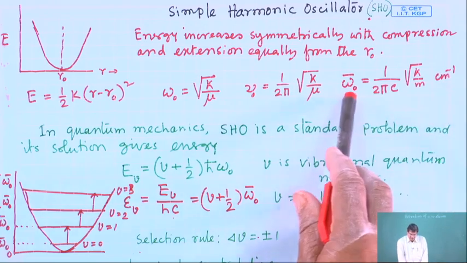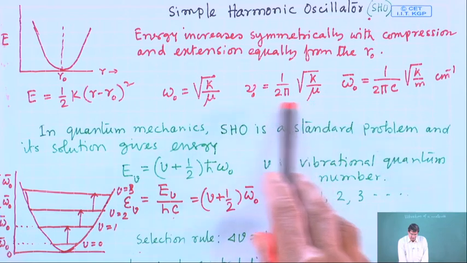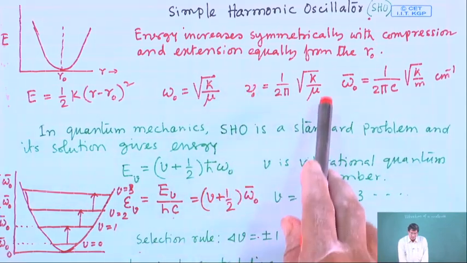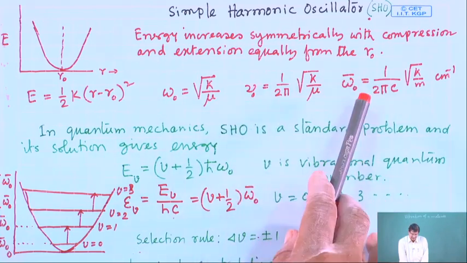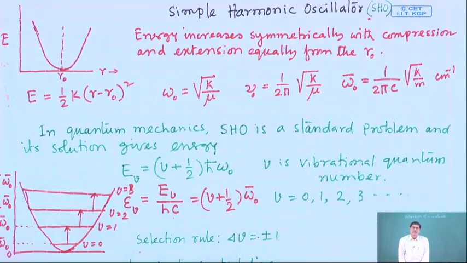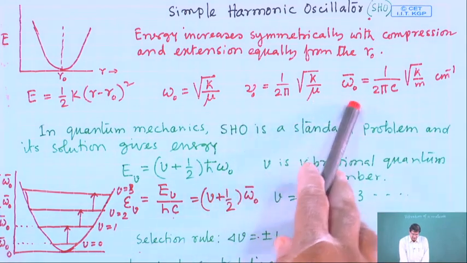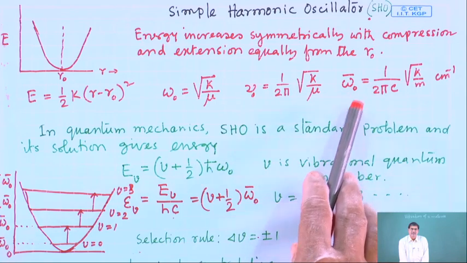Here, in place of nu bar, I have used omega 0 bar. Generally nu bar is used to represent the wave number of spectral lines, so just to differentiate it, I have written omega 0 bar, but it is nothing but nu bar.